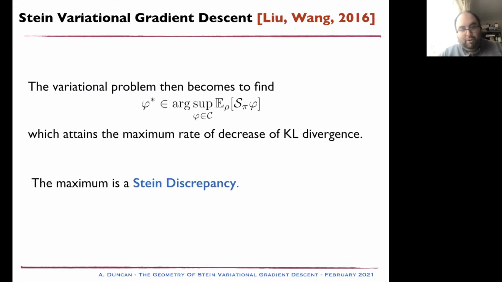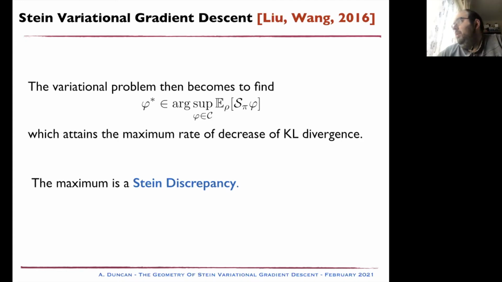And so the variational problem then becomes to find phi, which maximizes this quantity here. The supremum here is what we call a Stein discrepancy. It's named after Charles Stein, who used these originally.